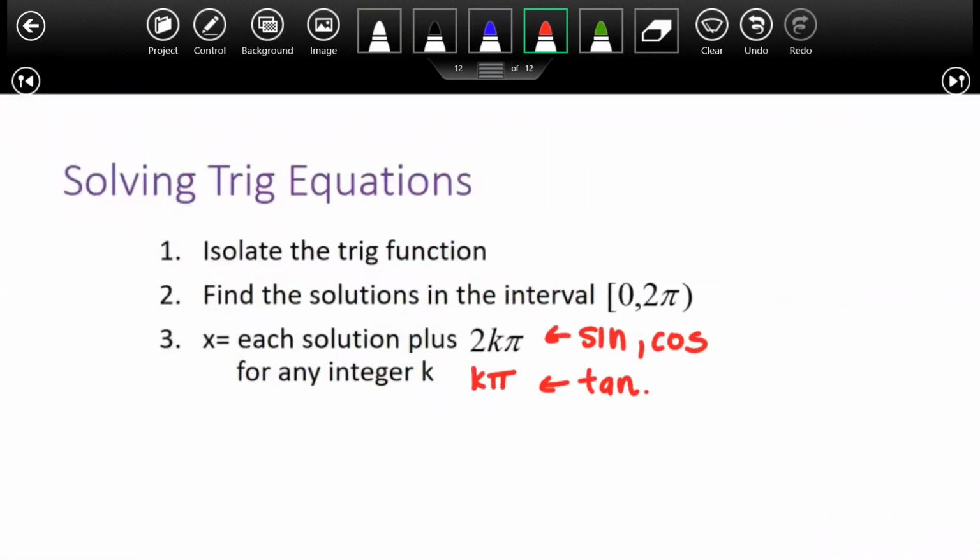Solving trig equations, the first thing we want to be able to do is isolate the trig function. We're going to find the solutions on the interval between 0 and 2 pi. It's a full rotation around our unit circle. Once we solve for x, set x equal to any of the solutions plus 2k pi or 2 pi k. And if it's tangent, we're going to just do k pi.